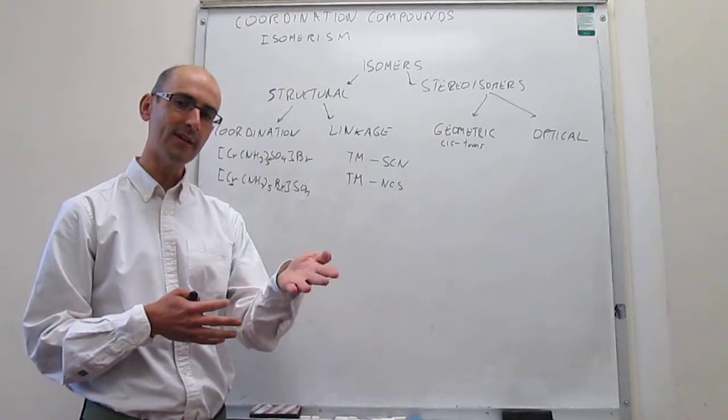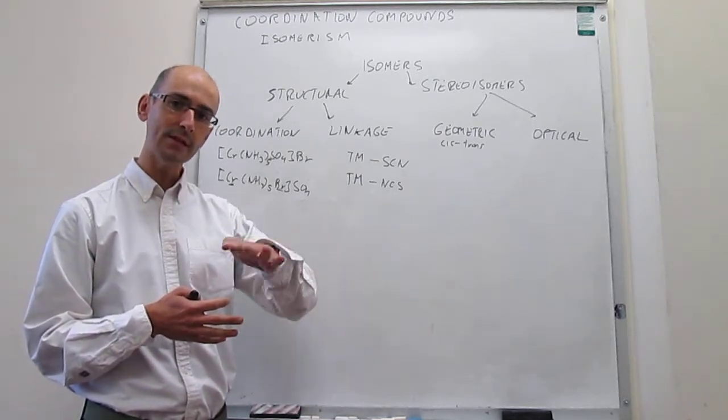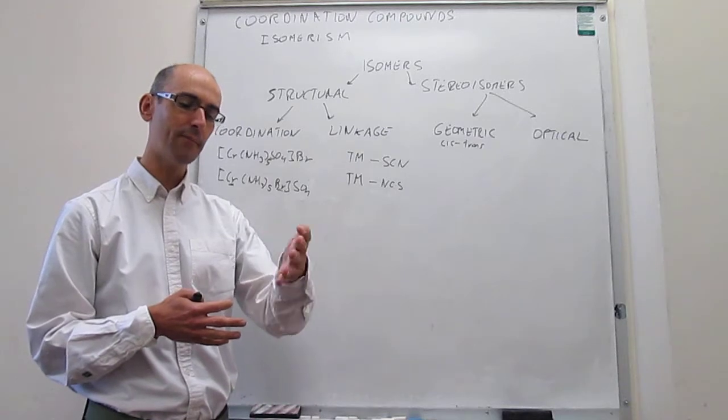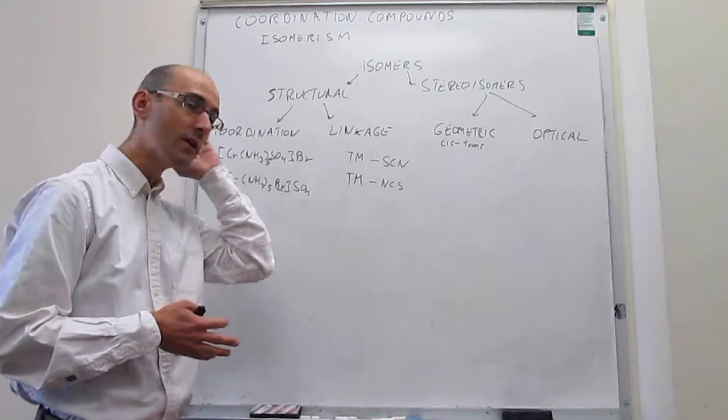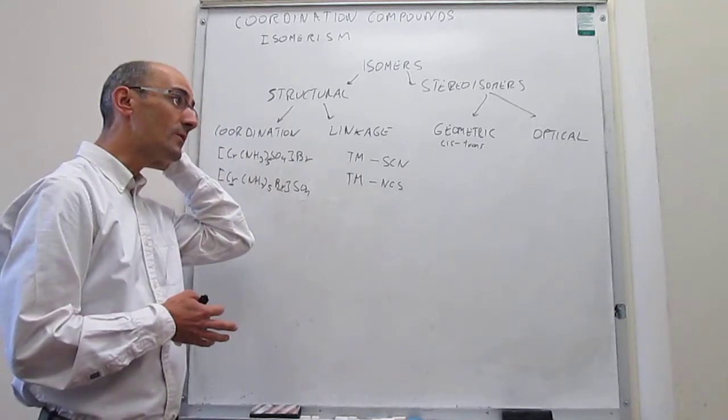So it turns out that the isomers rotate the plane of plane polarized light different ways, and that is how they were discovered.